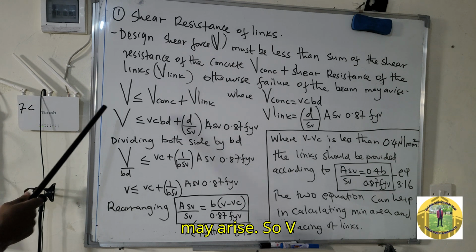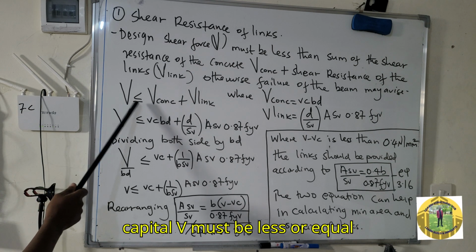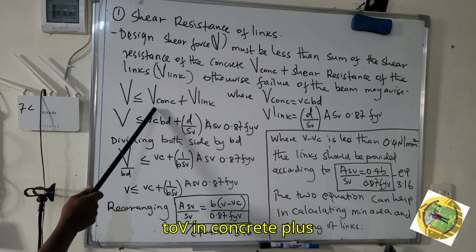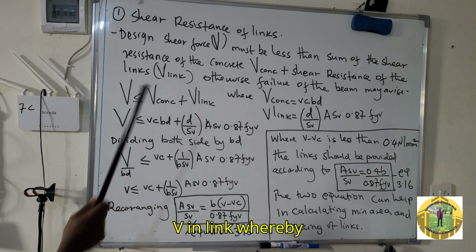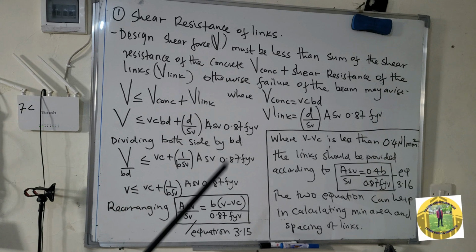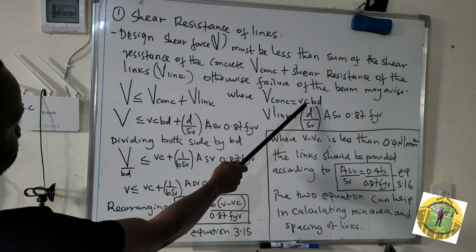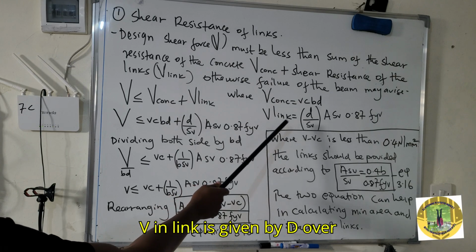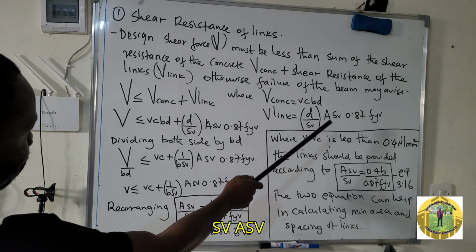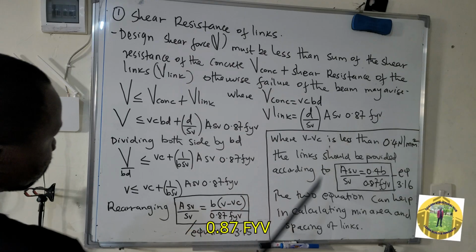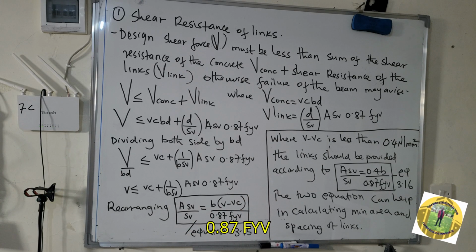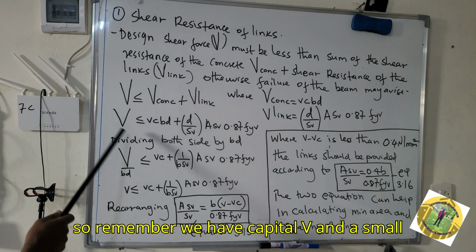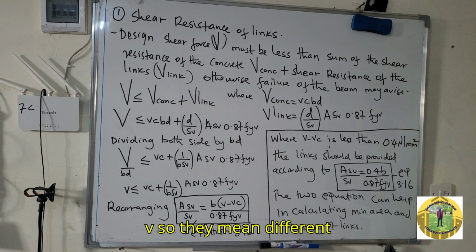So capital V must be less than or equal to V concrete plus V link, whereby V concrete is given by vcbd, and V link is given by d over Sv, Asv, 0.87 fyv. Remember, we have a capital V and a small v, so they mean different things.